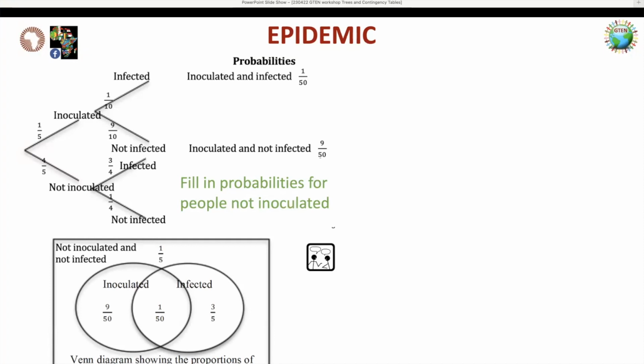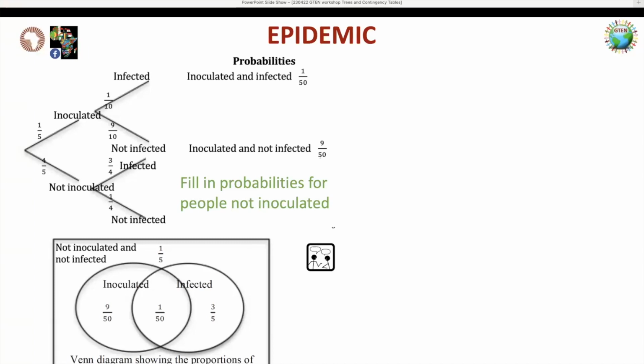So that's filling in just from the words that were given in the first place. And inoculated and infected is 1/5 times 1/10, which is a 50th. Inoculated and not infected is 1/5 times 9/10, which is 9/50ths.